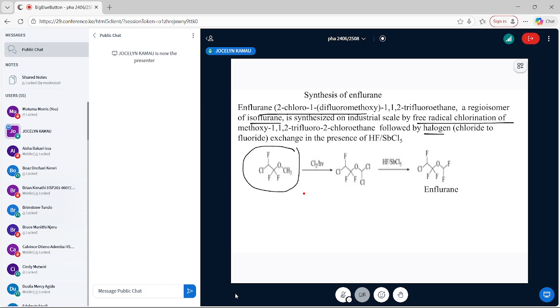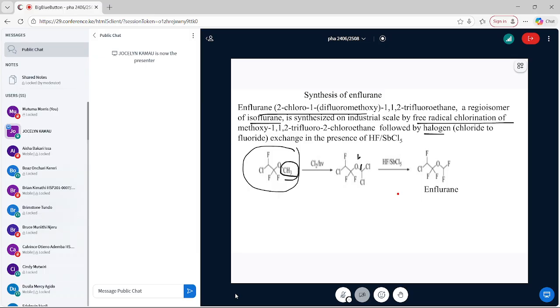And once you start with it, we have said it's a free radical chlorination. So you can see this F that remains the same, that group F oxygen remains the same, but this methyl group is the one undergoing radical chlorination, and you can see two of the hydrogens are replaced by chloro groups, but of course here we still have one hydrogen left.